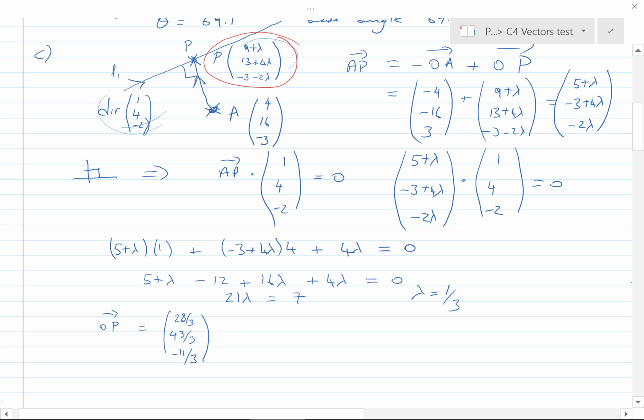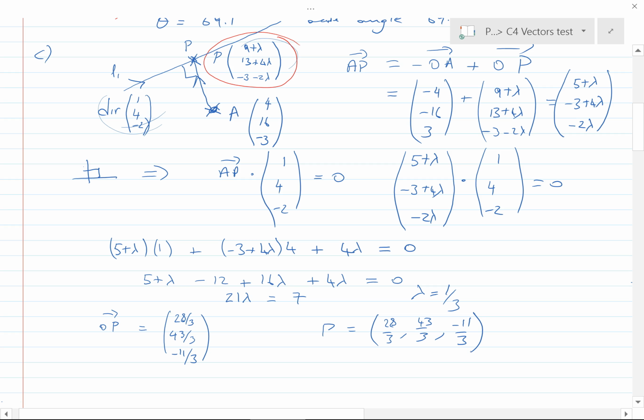Now it's asked for the coordinates, so we better write it in coordinate form: 28 over 3, 43 over 3, and minus 11 over 3.